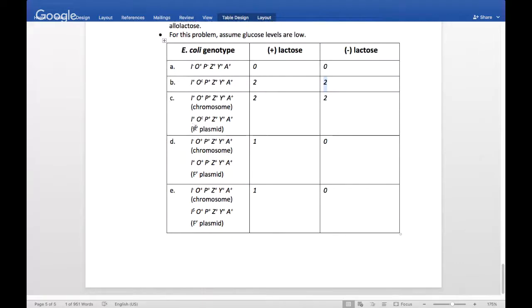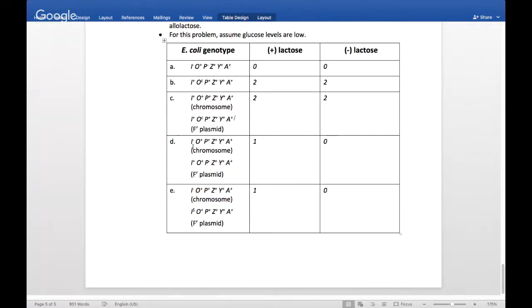And then on the F prime plasmid, we see that all of them are wild type except for the operator sequence is defective, meaning that the repressor can't bind, meaning that RNA polymerase can't be inhibited, meaning that you will form two sequences. It will transcribe twice, 2 copies. So in lactose positive, you'll see 2, and in lactose negative, you'll see 2 as well.